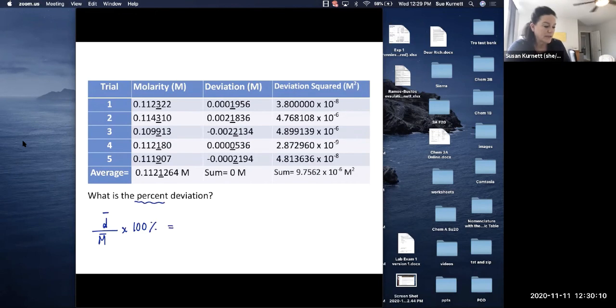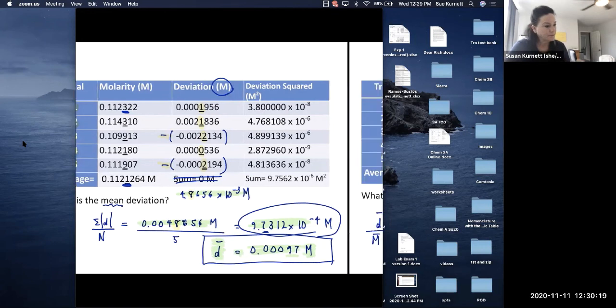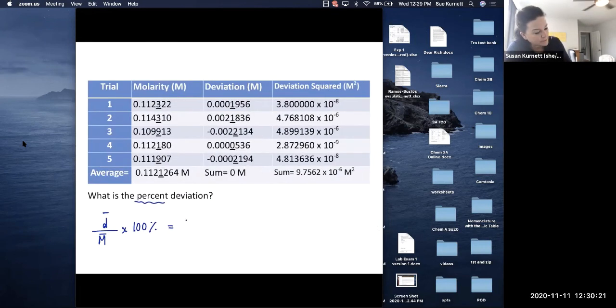So the mean deviation that I came up with on this page, I'm taking the one that has all the digits. I'm not rounding. And on my calculator, I had more digits.